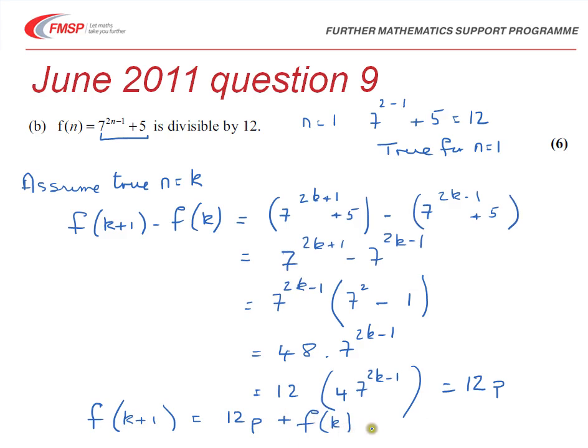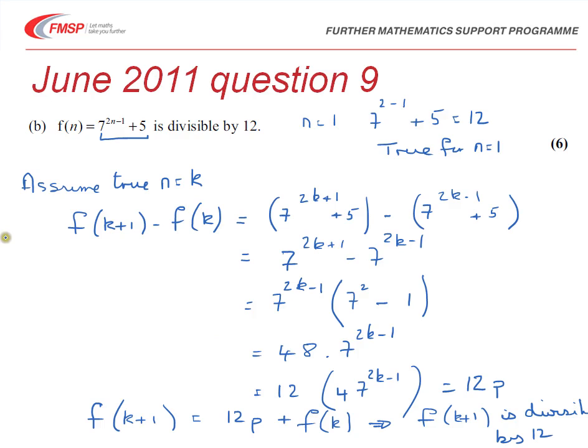But both of these are divisible by 12, and therefore we've got the truth of f of k plus 1 being divisible by 12. And then our final statement, as before: we've shown that f of k plus 1 is divisible by 12, assuming that it's true for n equal to k.